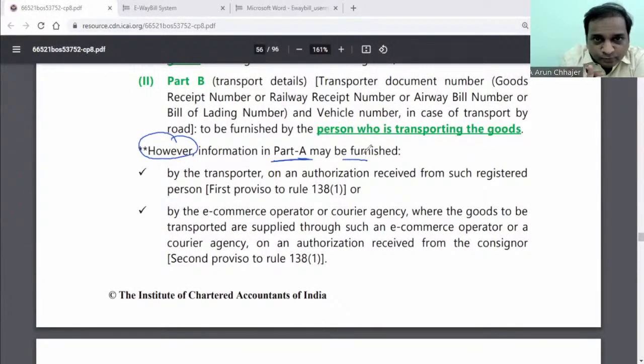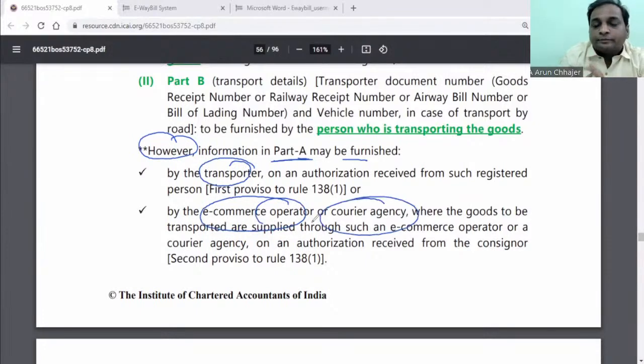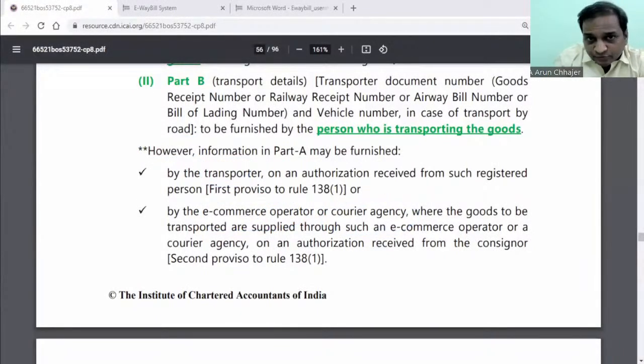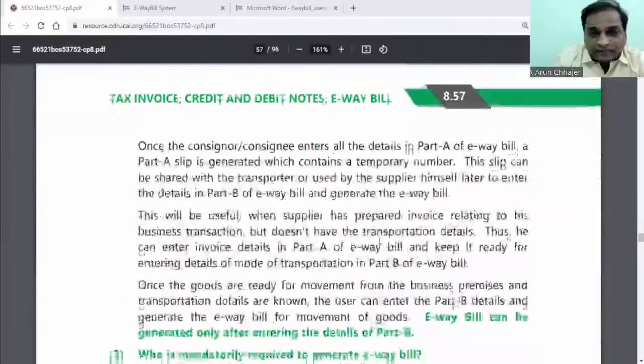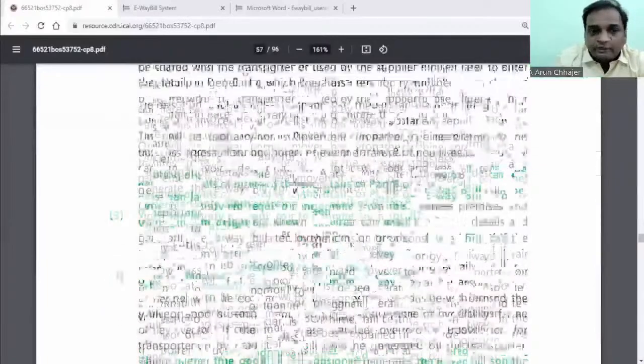Prima facie, the responsibility is of the person causing the movement of the goods, but part A can be filled by the transporter or even by the e-commerce operator or courier company. They can also fill the Eway bill part A on behalf of the supplier.